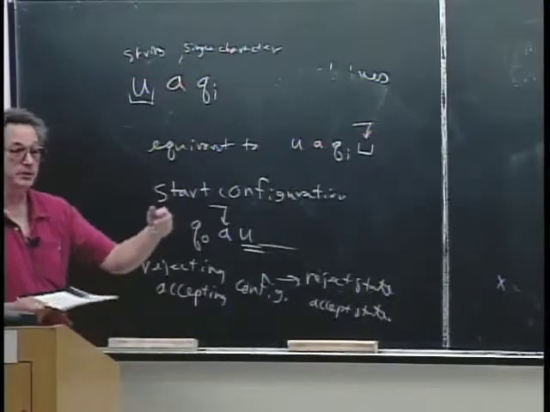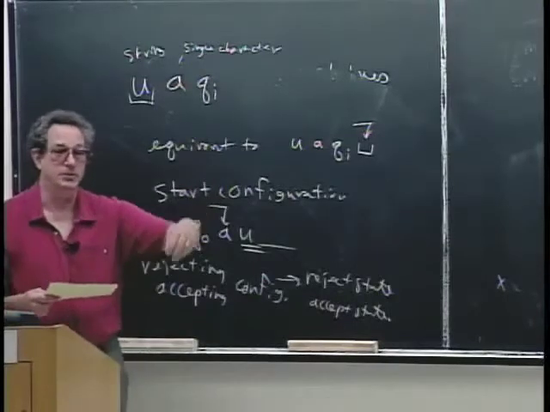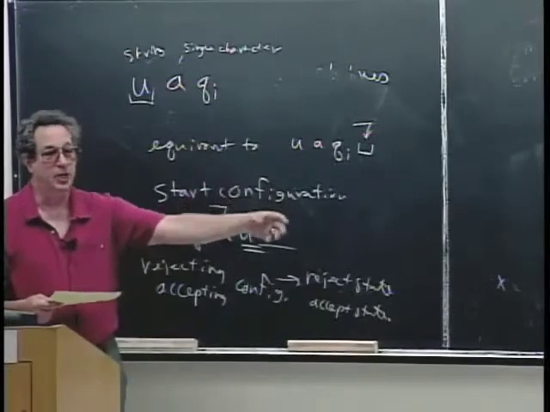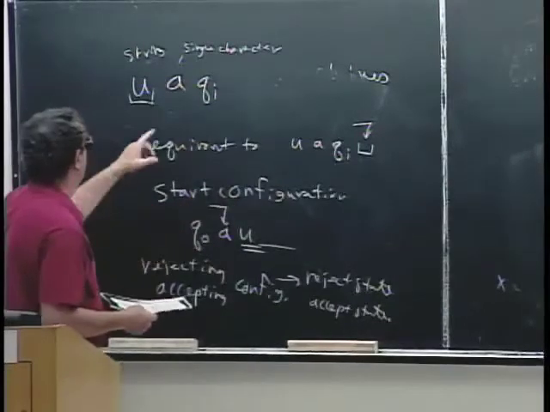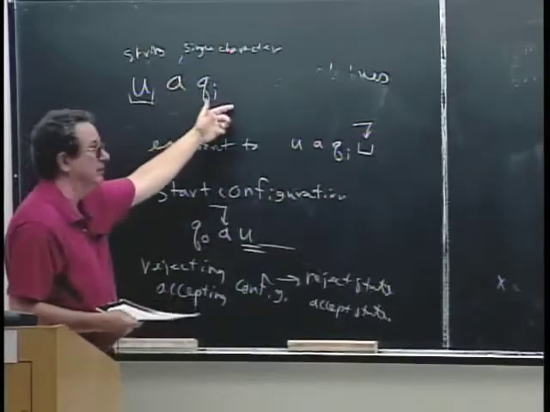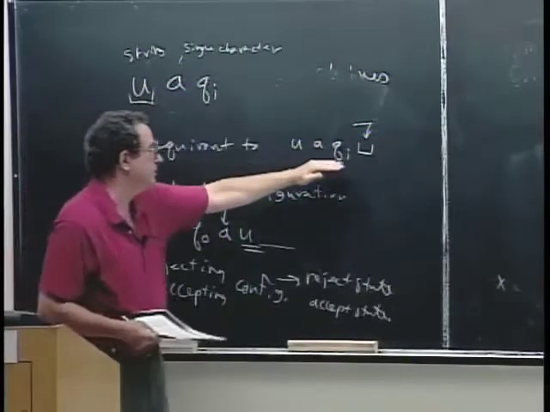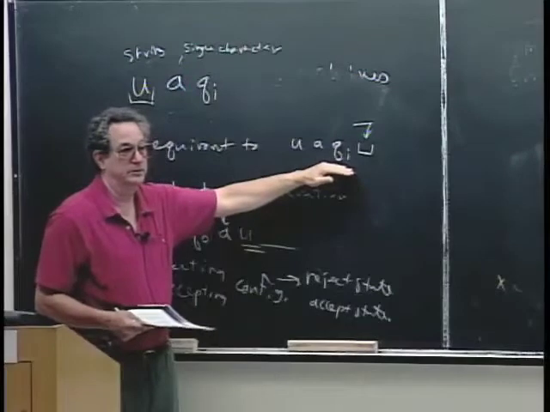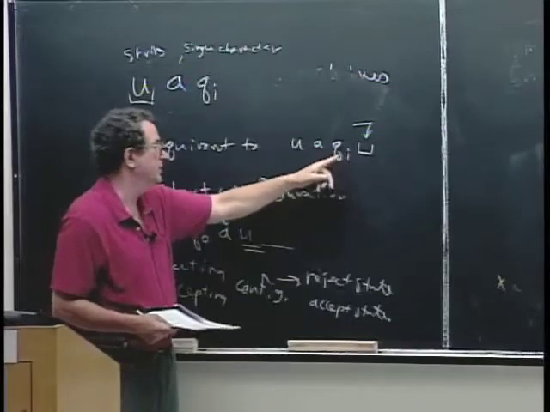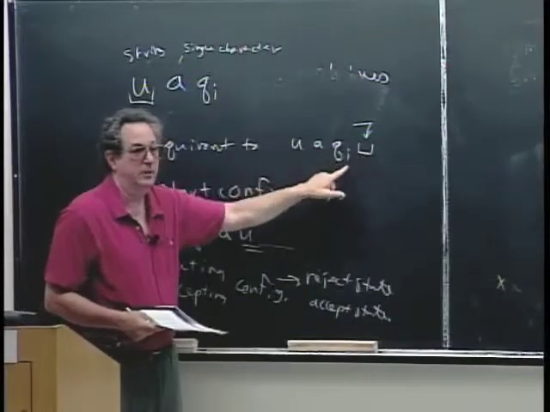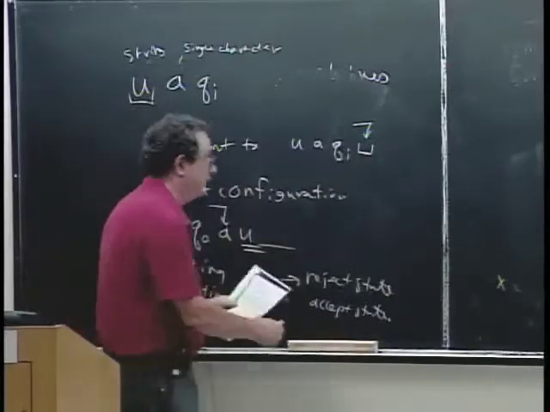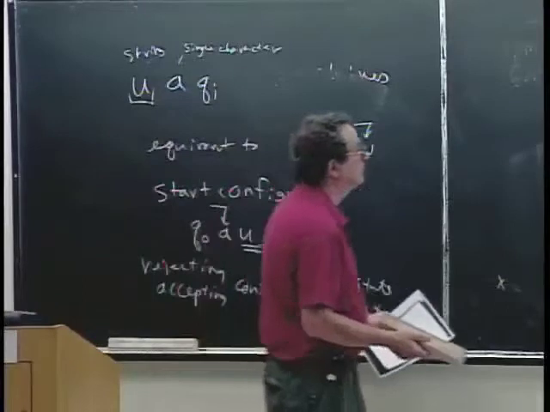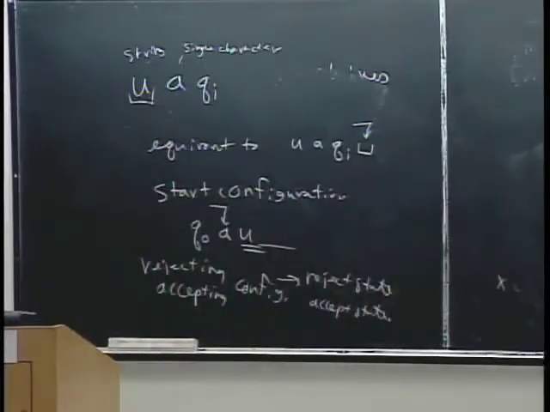Not necessarily the input, because the machine may have changed the input, extended it, and deleted some of it, whatever. But if it's at the right end, then that's equivalent to this kind of configuration. And so this looks more normal in the sense that there's something here to the right of where the state is, and that's all I was pointing out. Okay, thanks. All right, let's take this out.